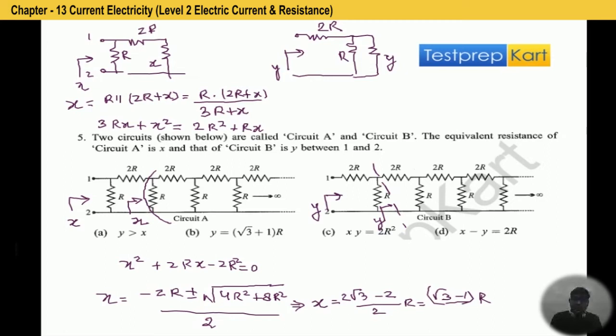Similarly we can calculate the value of Y. The value of Y is 2R in series with the parallel combination of R and Y, right?